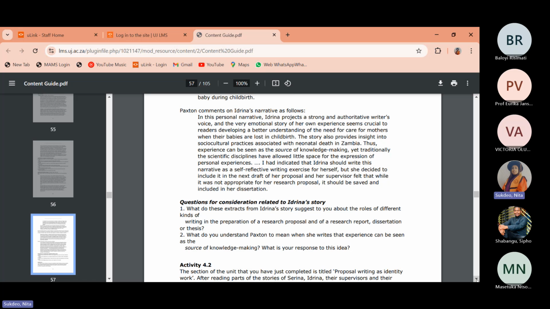And it stemmed from her having that experience. Obviously, there are other mothers in Zambia that are experiencing the same predicament and how to deal with that loss and how they were treated at these healthcare facilities.